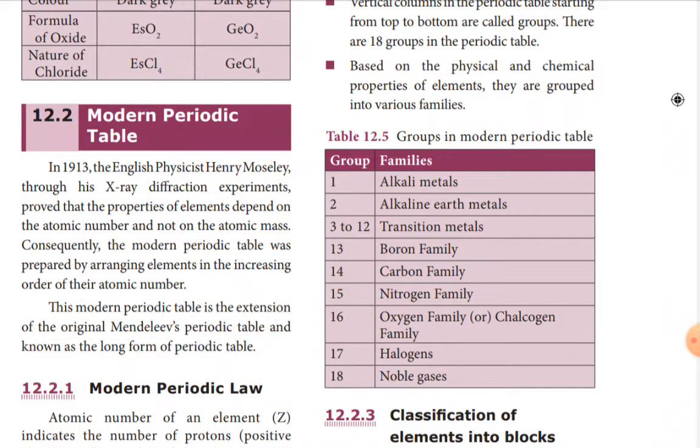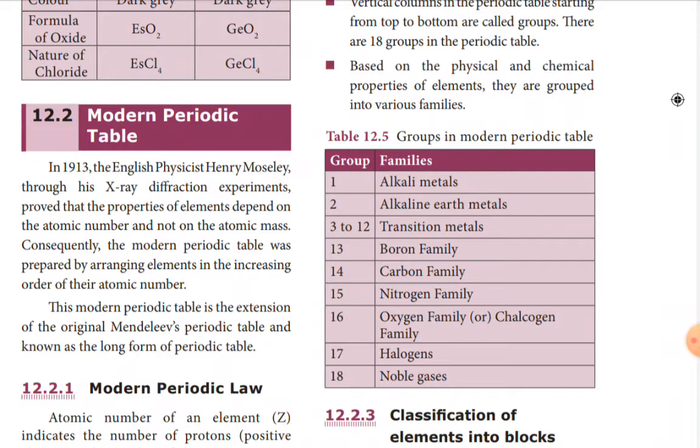Henry Moseley devised the modern periodic table on the basis of the Mendeleev periodic table. The only difference is that Mendeleev followed the increasing order of atomic mass, but Henry Moseley followed the increasing order of atomic number. This is the only difference.